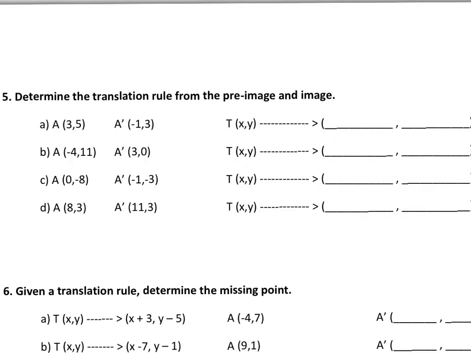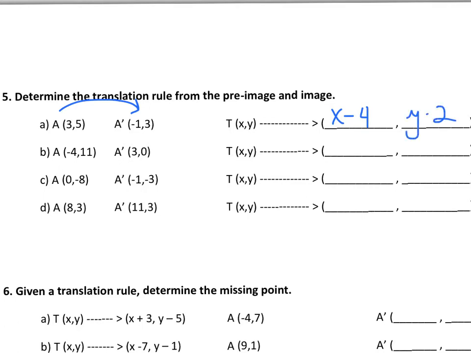Now here I'm given point A a pre-image and A prime an image, and I'm asked to find the translation rule from the pre-image to the image. In the first set of points, A to A prime, it appears that the X coordinate went down 4 while the Y coordinate went down 2.